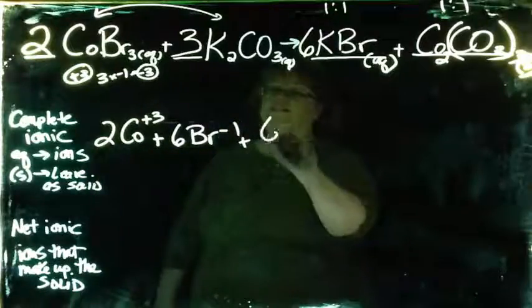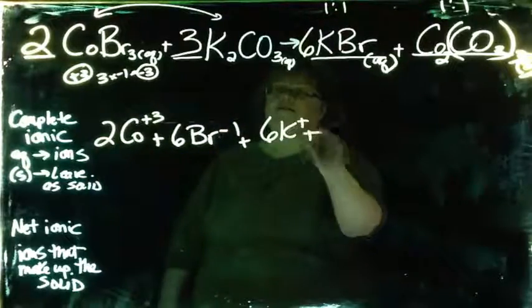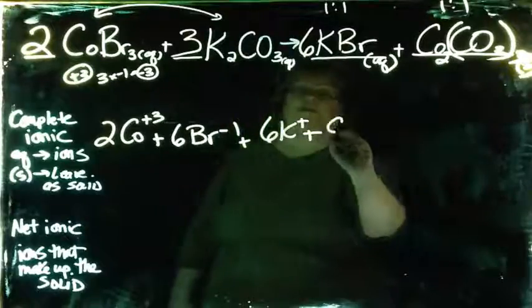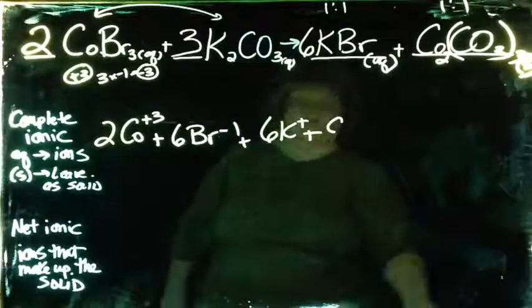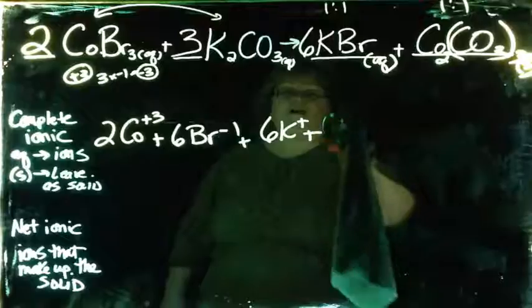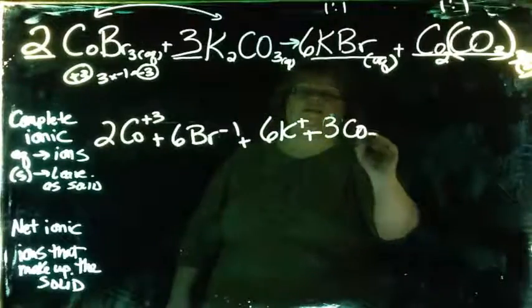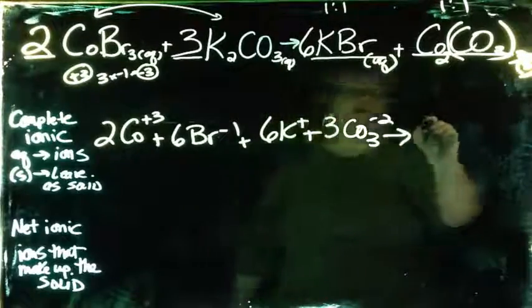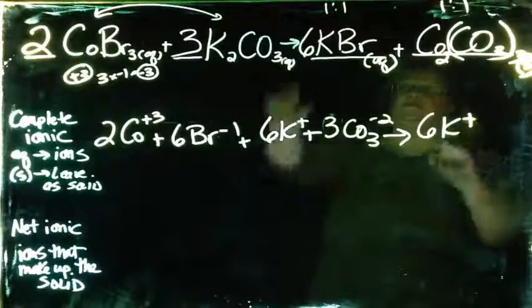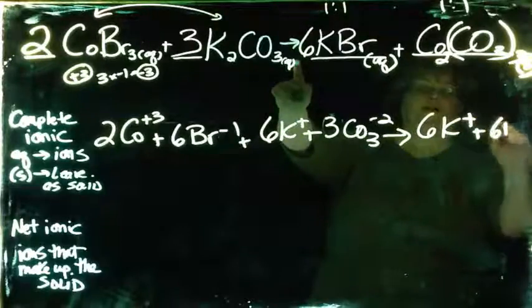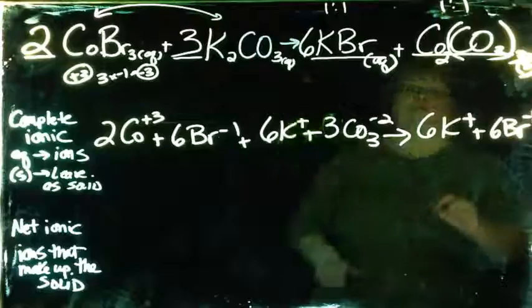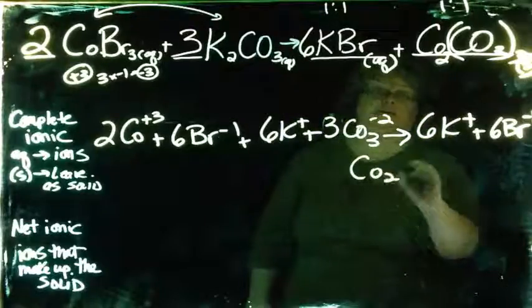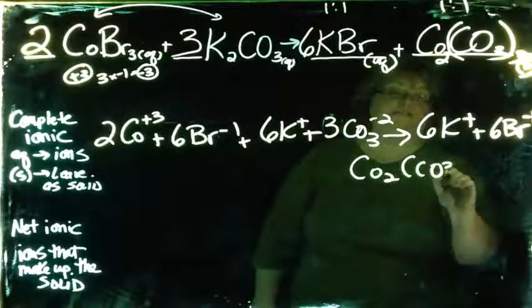I have 6 potassium ions, 3 times the carbonates. I am writing backwards the number 3. Alright, there's 3 carbonates. Go to this side, there's 6 potassiums, so I'm going to the front to multiply that, and 6 bromines, and I make sure that I keep my solid together.